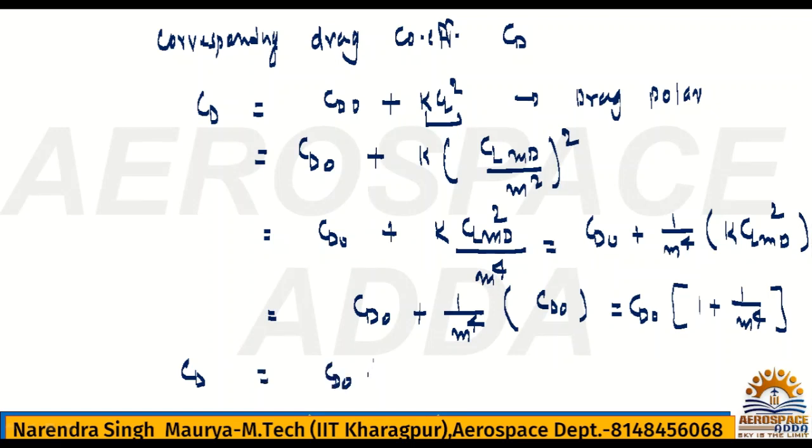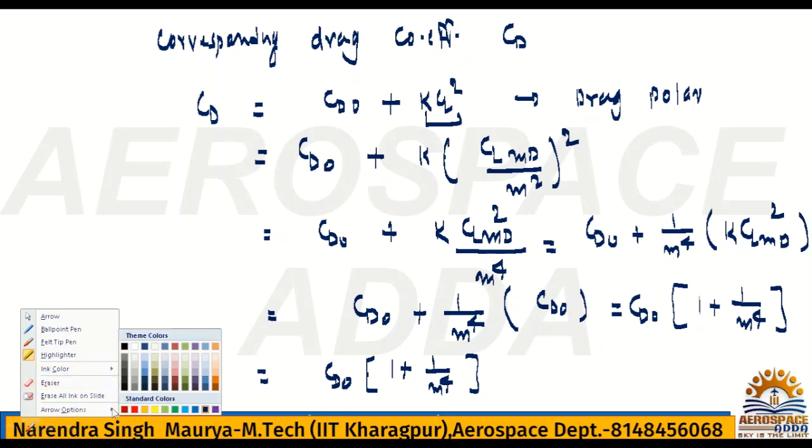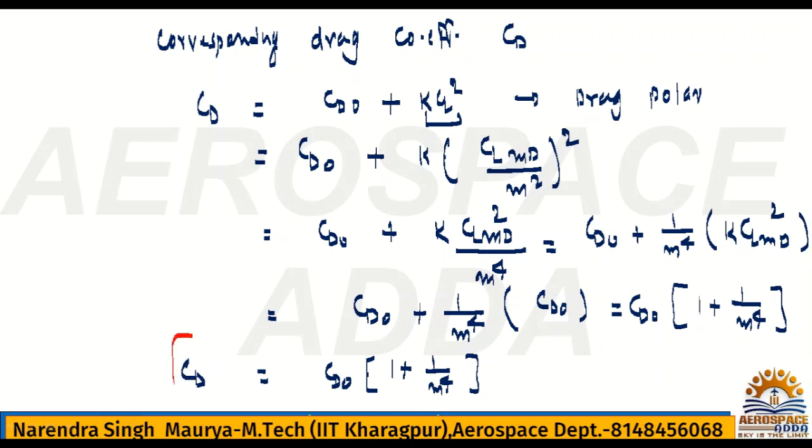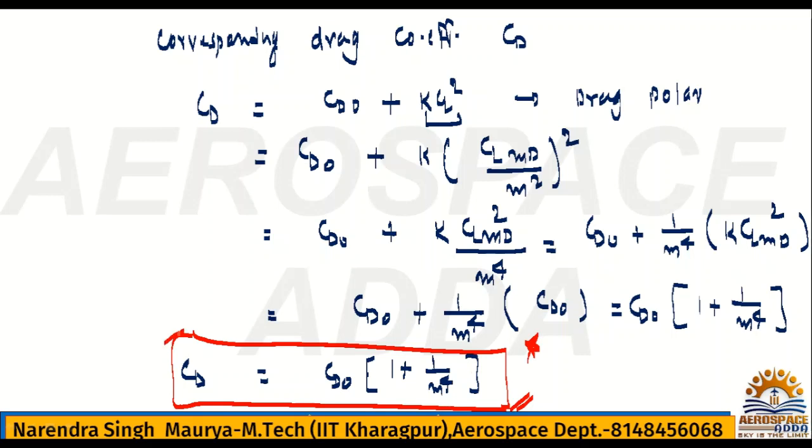CD naught in bracket 1 plus 1 by m power 4. This is very important. Just like previously you calculated the CL value when speed becomes a multiple of minimum drag speed, then CL you have calculated previously, and this is the CD value. Okay.